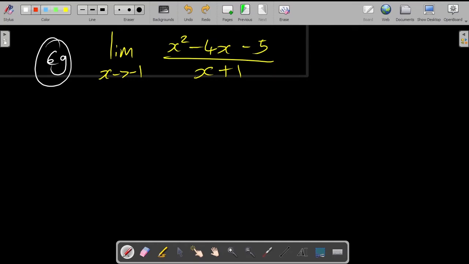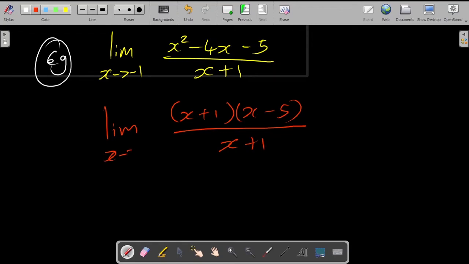So now what you do is you basically factorize the top, and doing so, we expect to have this at the top. And if you look at one of the factors at the top, they can cancel out with the factor at the bottom, right?